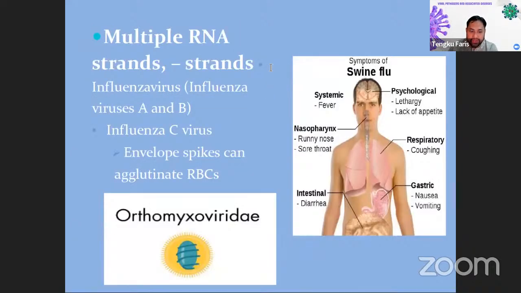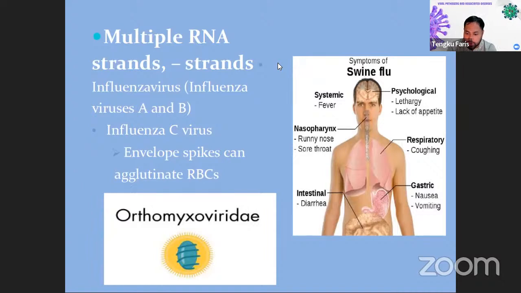Multiple RNA strands. Not only single, not only double, but multiple RNA strands, like the influenza virus, whether it's A or B or C. They have these spikes on the outer layers. They can agglutinate the red blood cells, or RBC.